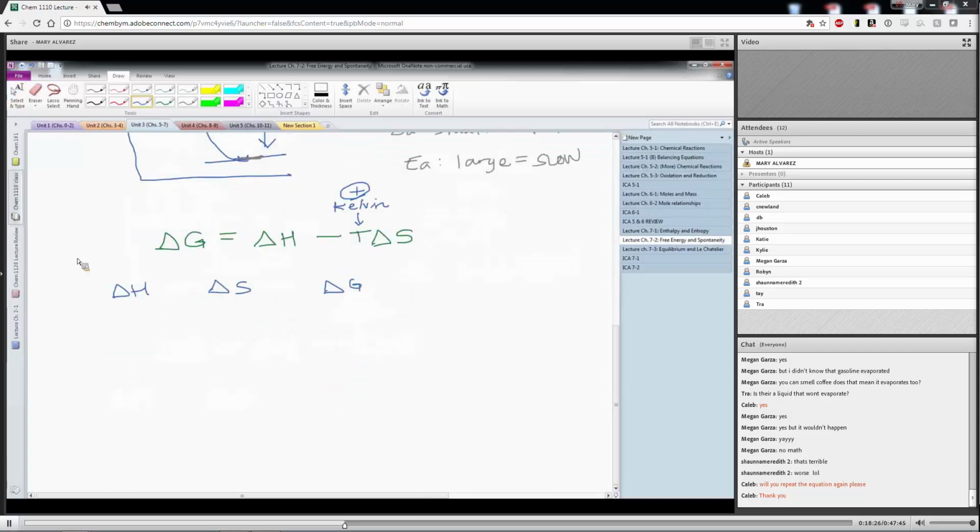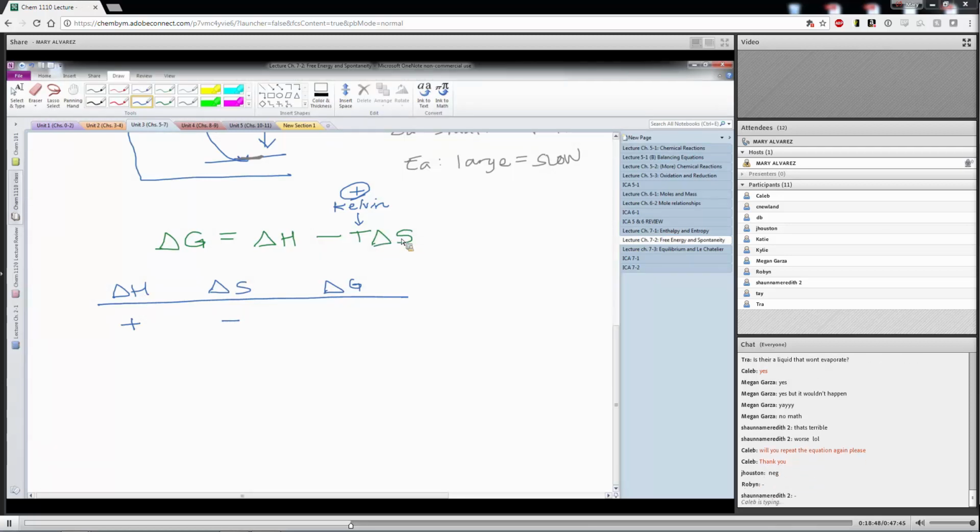Okay, so if delta H is positive and delta S is negative, I would have a positive value subtracting a positive times a negative. What's a positive times a negative? A negative. And what happens when I subtract a negative? It becomes positive.